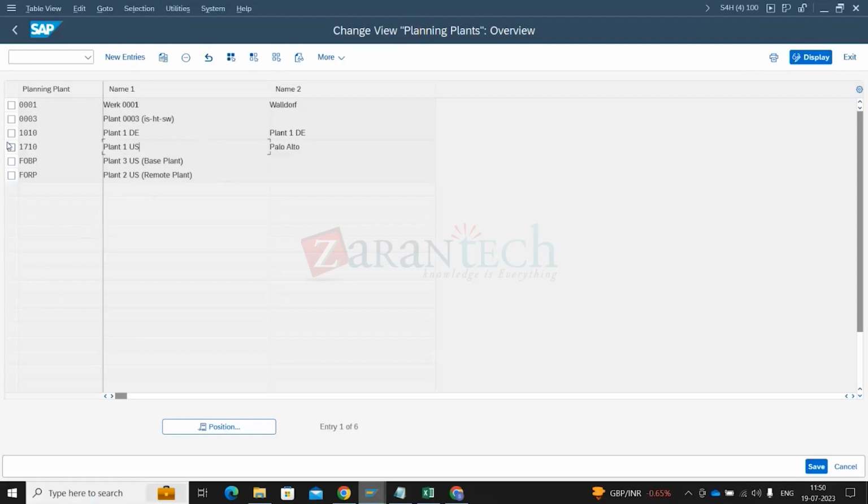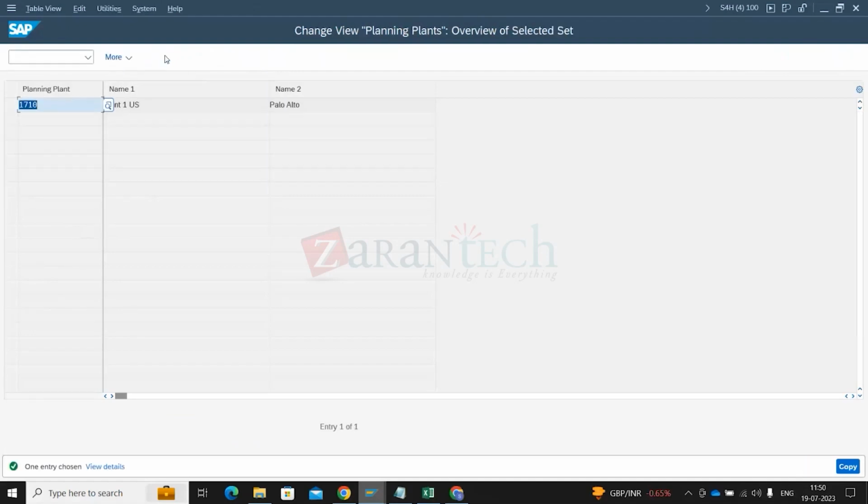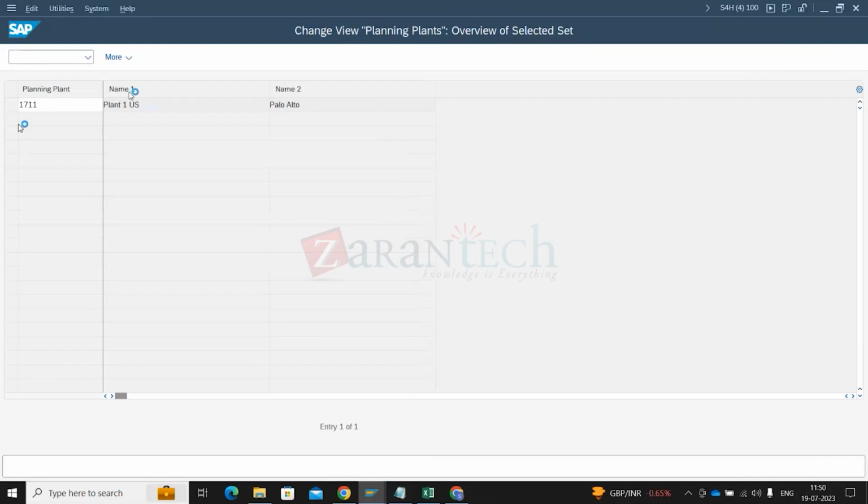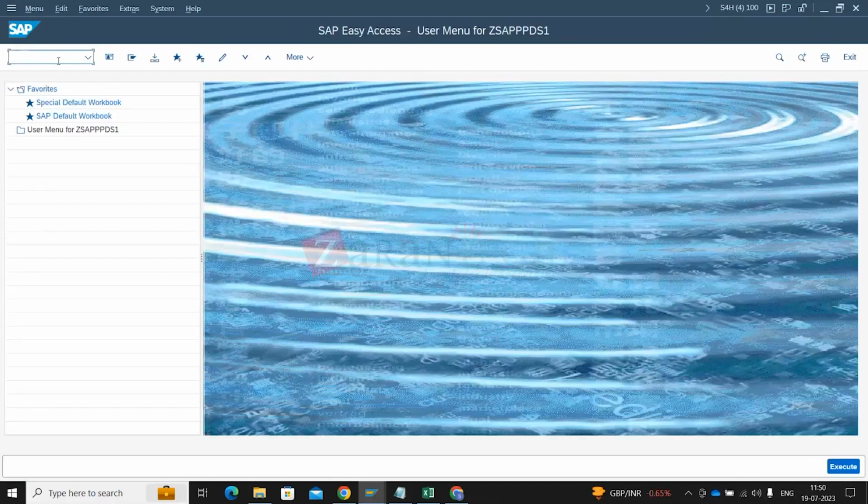Okay, never mind. I will just copy this 1710 and try to create 1711 as a plant. Yeah, it does not allow me because this is not a transaction to create a plant. This is just to extend the plant as a maintenance plant. If I want to divert into these locations, I'll come prepared next time because these are out of scope for us.